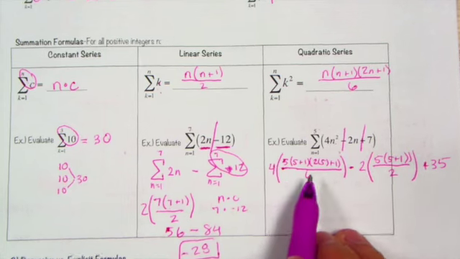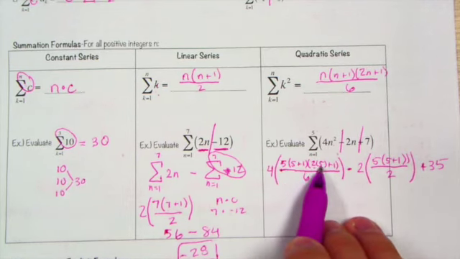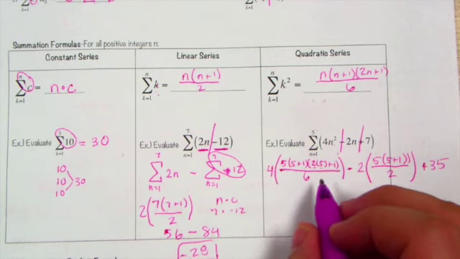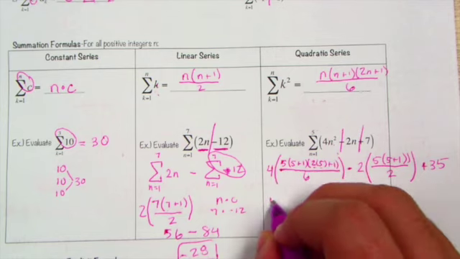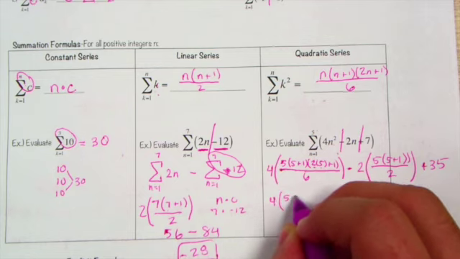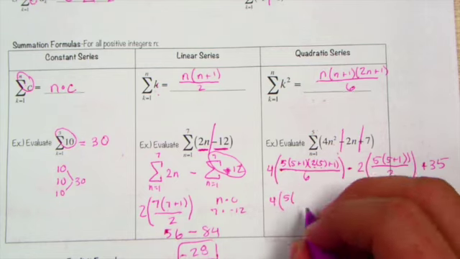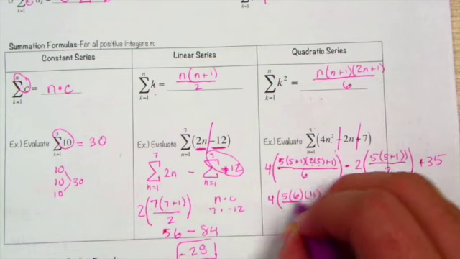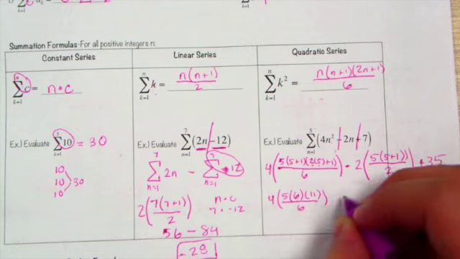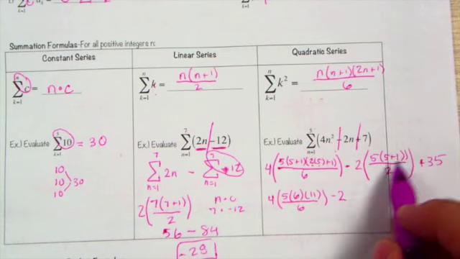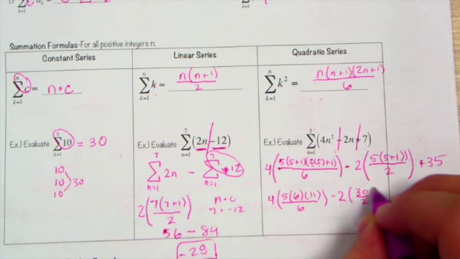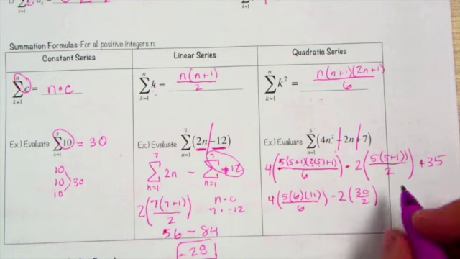So I have all that I need to do. First off here, 2 times 5 is 10 plus 1 is 11. So I have 11 there. So I have 4 times 5 plus 1 is 6 times 11 all over 6, minus 2 times 5 plus 1 is 6 times 5 is 30 over 2, plus 35.